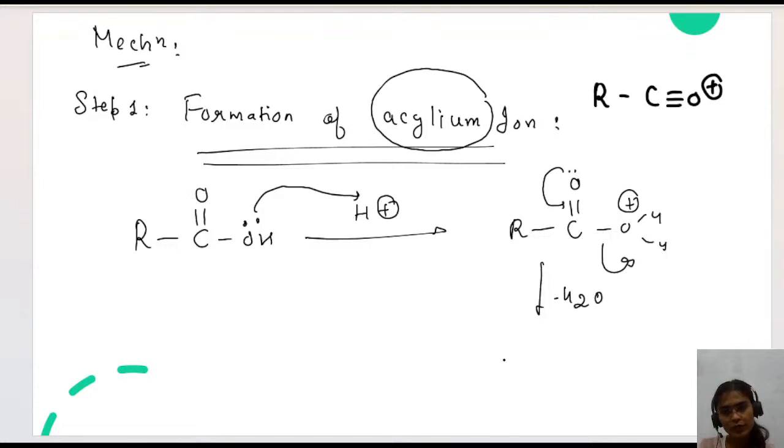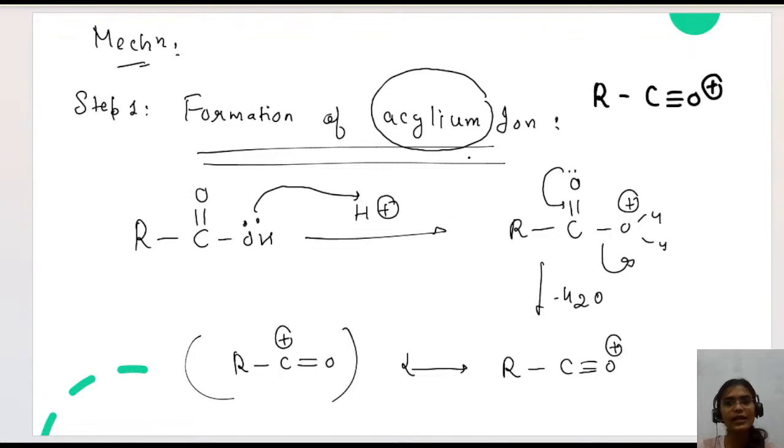After the removal of the water molecule, we are getting this. Okay, so if you want to restore that this is positively charged, there is a kind of resonance as well. So in this case, the carbon has the positive charge and this is the acylium ion. So we are ready with our attacking substrate, you can say. Okay, this is step number one, formation of acylium ion.